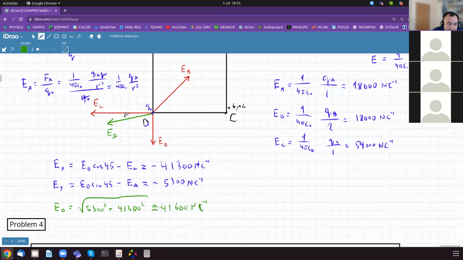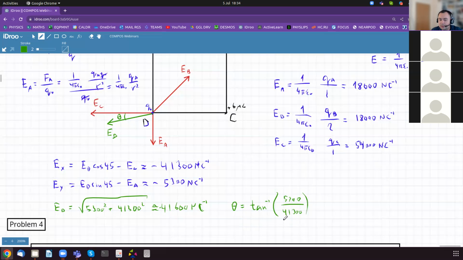And to find the angle, let's say we want this angle, theta, the direction, we need the opposite over adjacent. Opposite is EY. So it's inverse tan of 5,300 over 41,300.